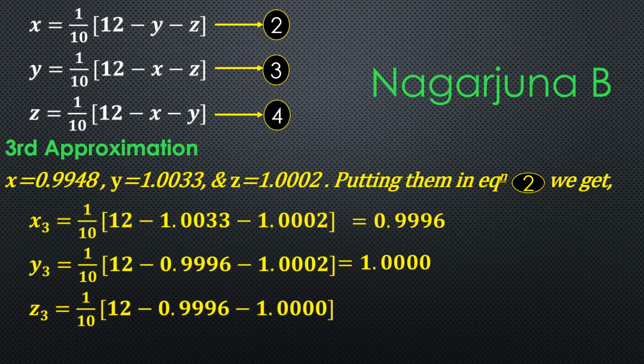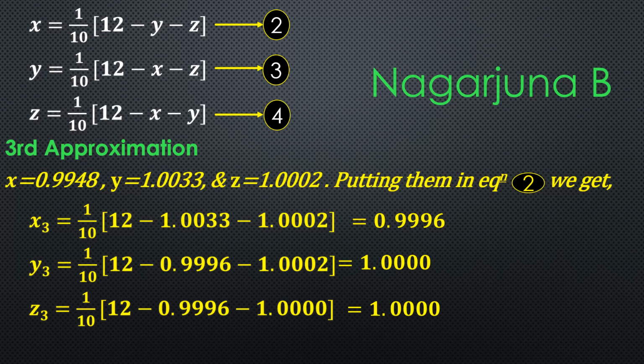And in the calculator you can write, open the bracket, 12 minus 0.996 minus 1, close the bracket, divided by 10, and after rounding off to 4 digits after the decimal point, the answer is 1.0004.